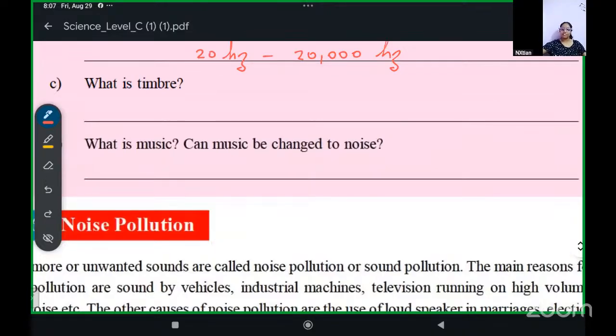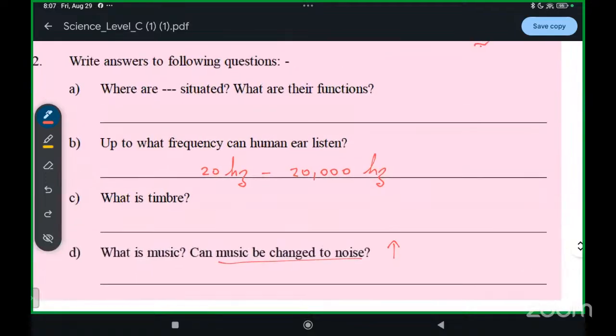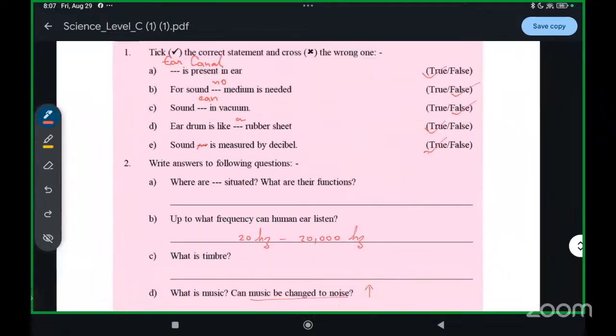Music is sounds that are in a sequence which are pleasant to hear, and it can be changed to noise when its frequency is increased a lot, it can be turned into noise for some people. Now, this is 16.2.